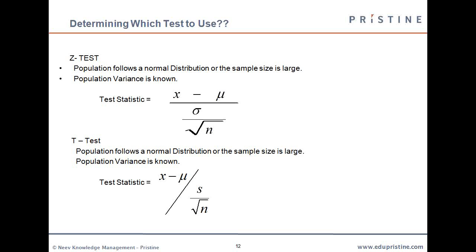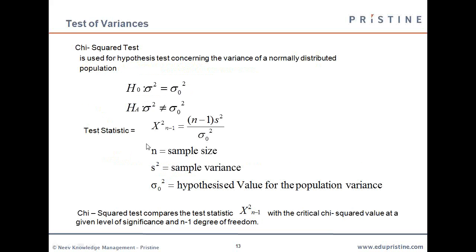In the case of the t-test, the important thing is that the population variance is not known. I made a mistake here, let me rectify it.